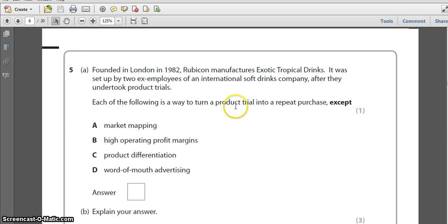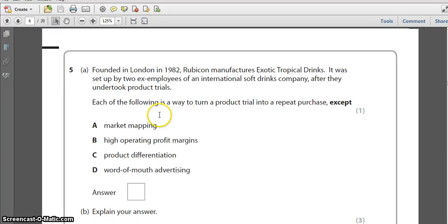Well, firstly, what's a product trial? A product trial is when a company takes a small section of its customers and gets them to try out a product, and then takes their opinions of the product to see if they like it, to see if they would be willing to buy it, to see what their opinions of it are.